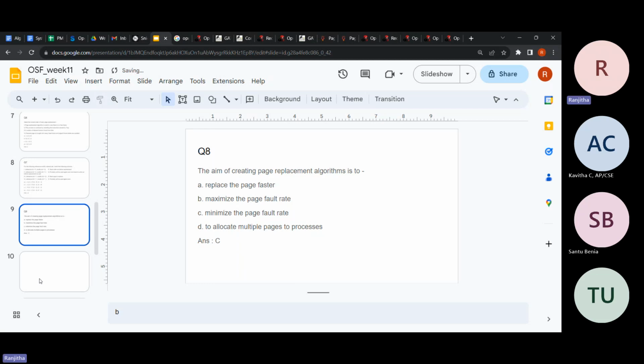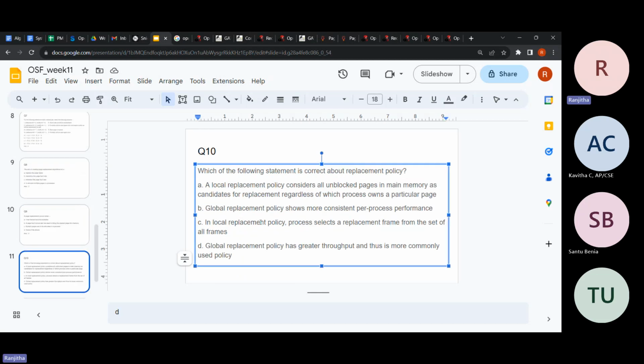So here the question is, which of the following statements is correct? Global replacement policy shows more consistent per process performance. No, per process consistent performance is shown by local replacement policy. In local replacement policy, process selects a replacement from the set of all frames. No, in local replacement policy, the process will select a replacement from its set of frames only, not from the set of all frames.